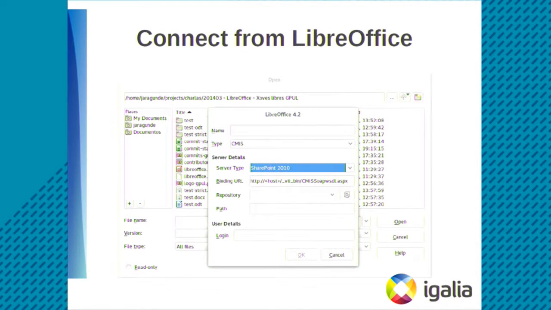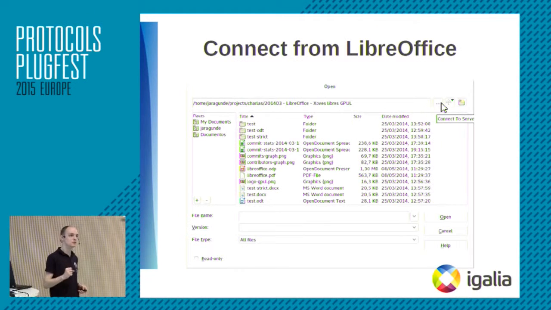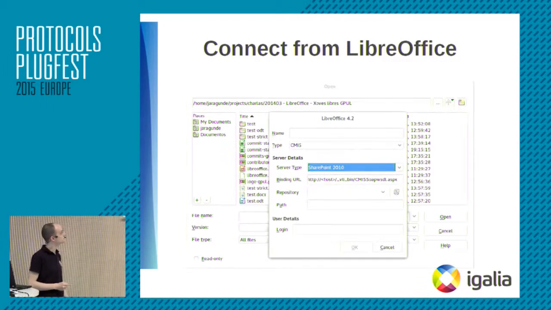You can select one, optionally set a path, press OK, and then you will be able to browse the contents like any other folder in your file system through this dialog. And the server you have configured will appear here in this list for quick access in the future.